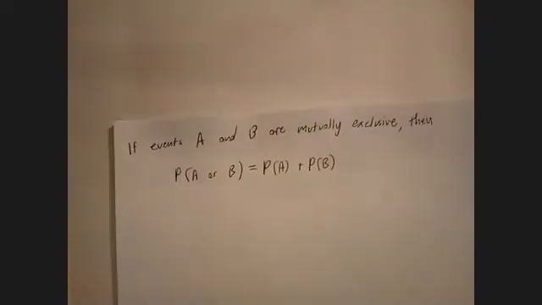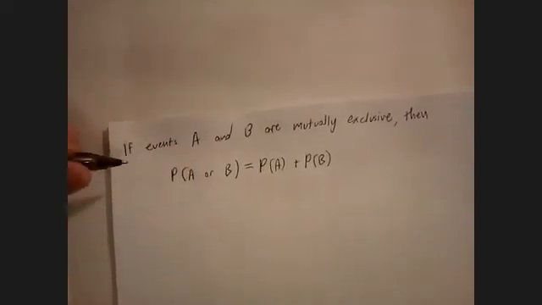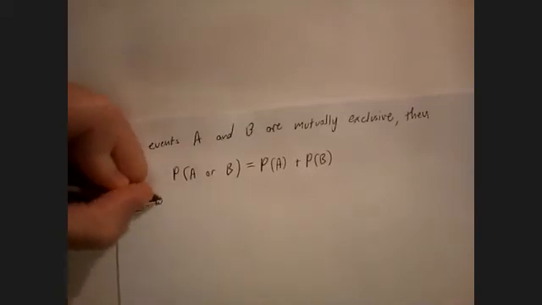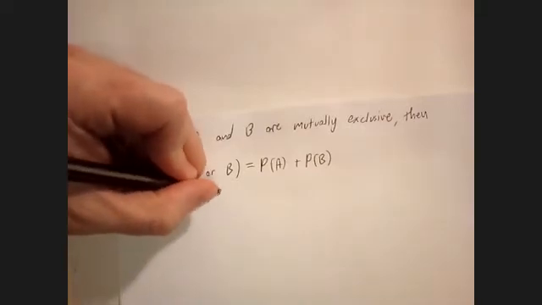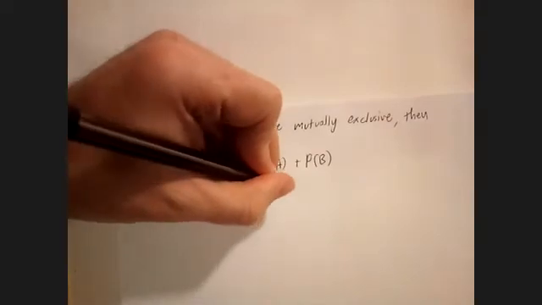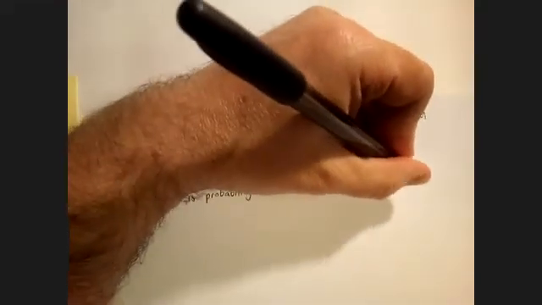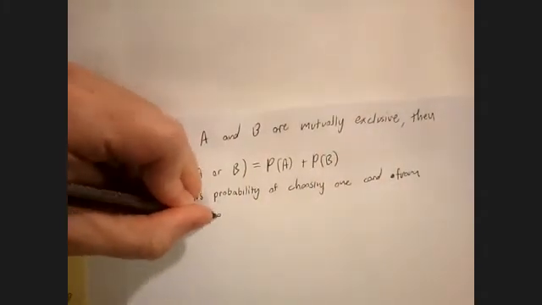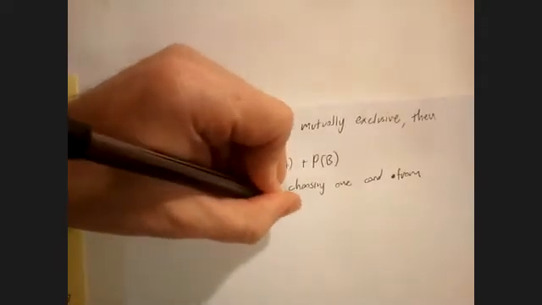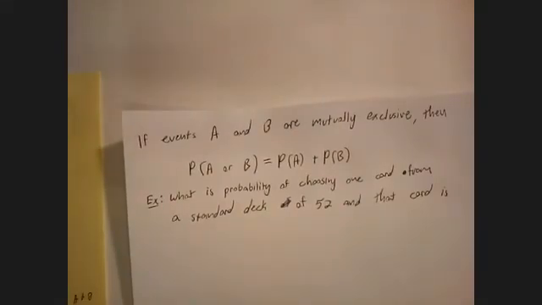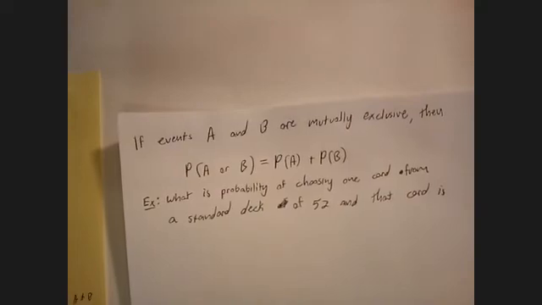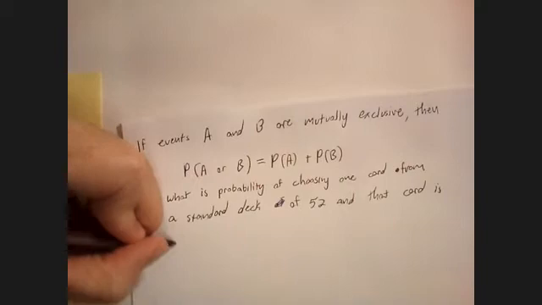So going back to the example we talked about before. I gave you an example of a situation, but my question is, what is the probability of choosing one card from a deck of 52 and that card is a red card or a club?